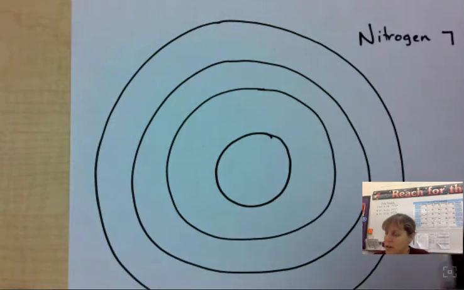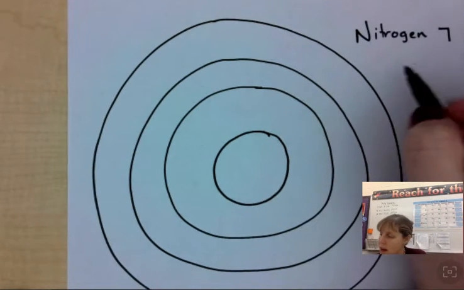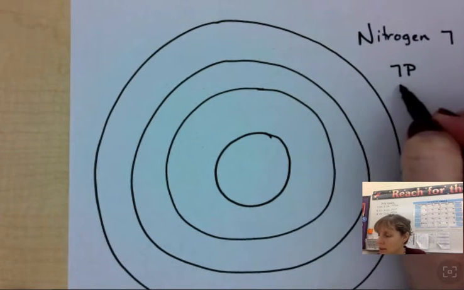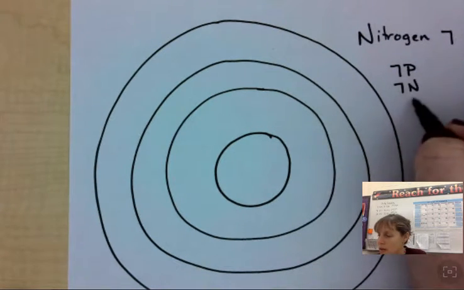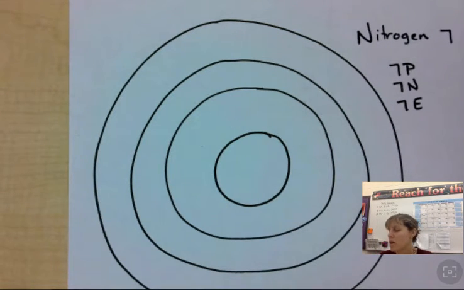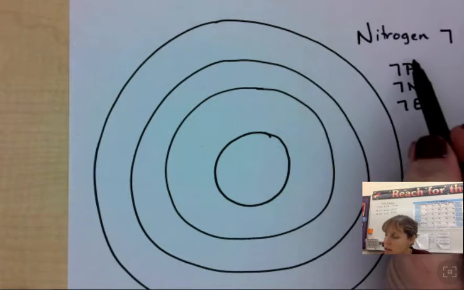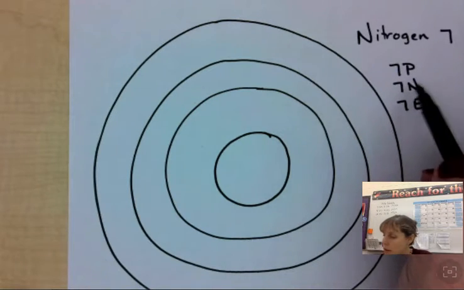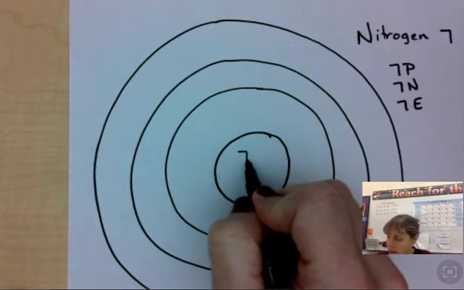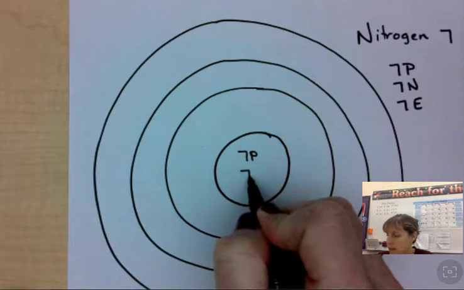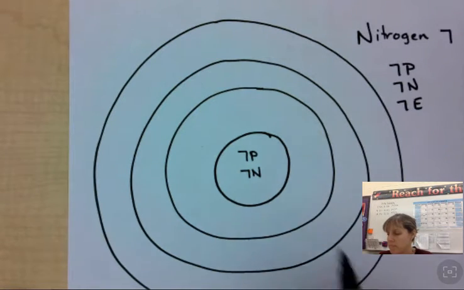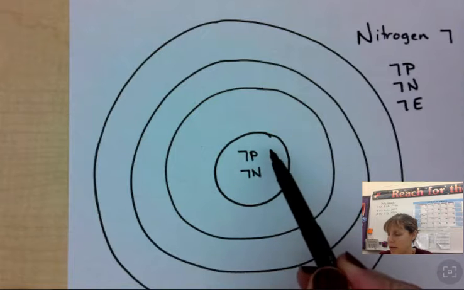Okay? So nitrogen has 7 protons, 7 neutrons, and 7 electrons. Pretty easy, right? So our protons and neutrons go in the nucleus. So we have 7 protons and 7 neutrons. Okay, so this is our nucleus.